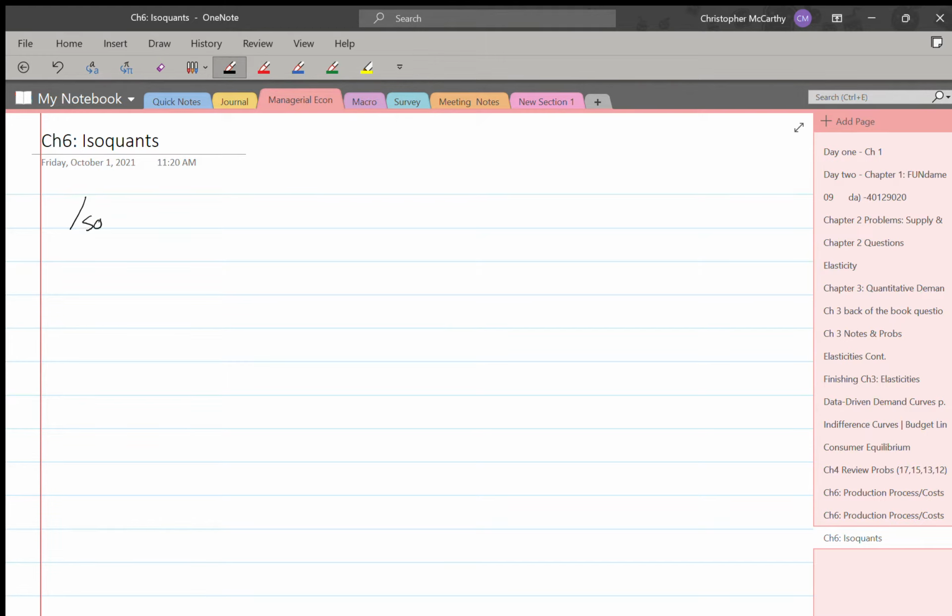Isoquants. What do isoquants do? They capture the trade-off between input combinations, combo wombos.